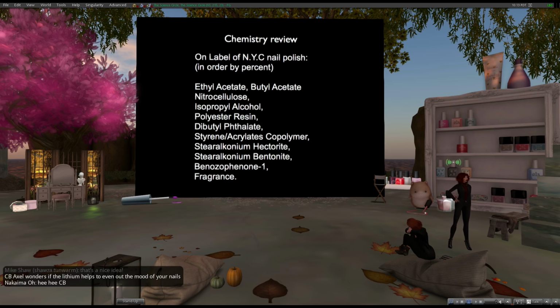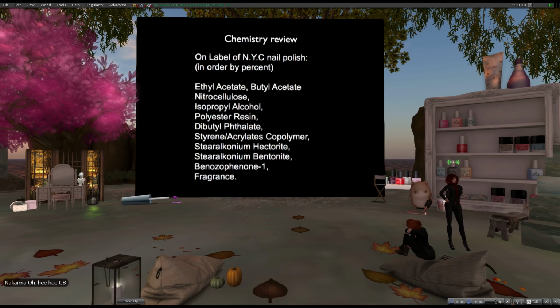That makes it elastic, makes it plastic. Styrene acrylate copolymer, again, makes it smooth and shiny. And there you see stearalkonium hectorite and bentonite, those are the clays. Benzophenone-1, it's an ultraviolet protector to keep the nail polish from changing color when it's exposed to ultraviolet, and an optional fragrance.